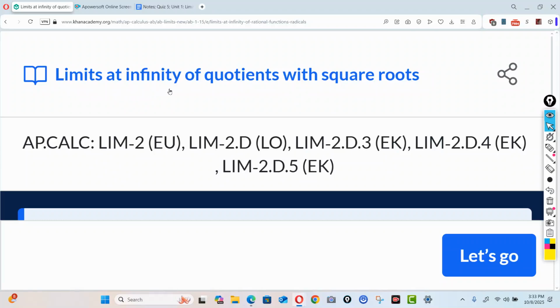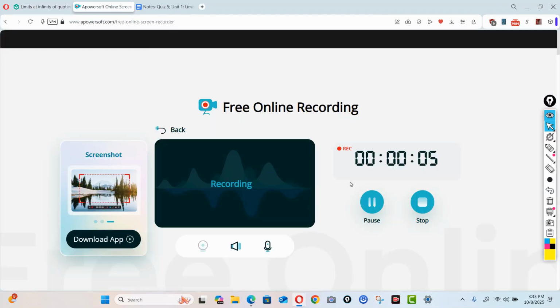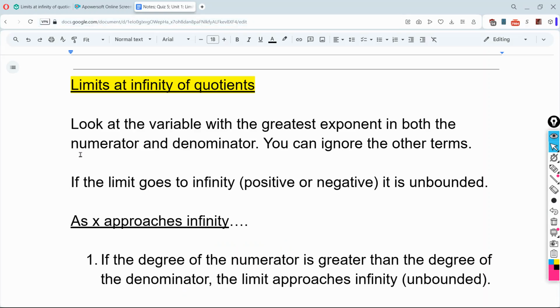Exercise, limits at infinity of quotients with square roots. All right, so the notes for this exercise are basically the same as the one for limits at infinity of quotients. You want to look at the variable with the greatest exponent in both the numerator and denominator, and you can ignore the other terms.